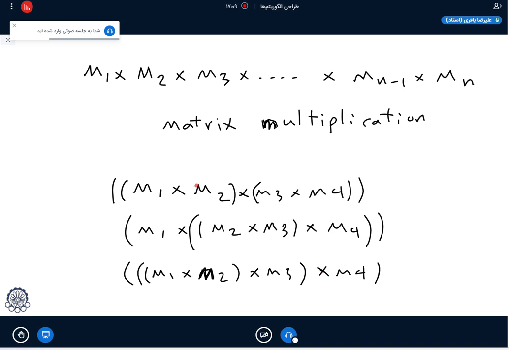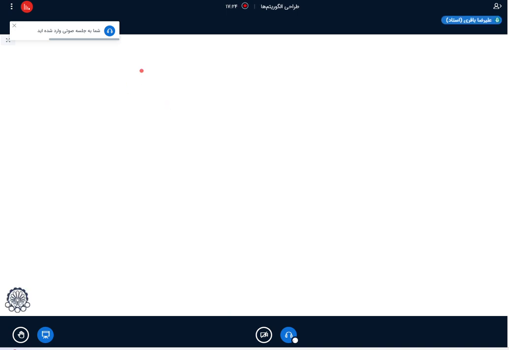And this parentheses has effect on the number of multiplication. I am going to explain what I mean. Suppose M1 is going to multiply by M2, M3, and M4. Every one of these matrices is two-dimensional.